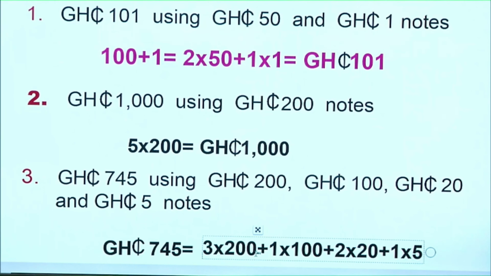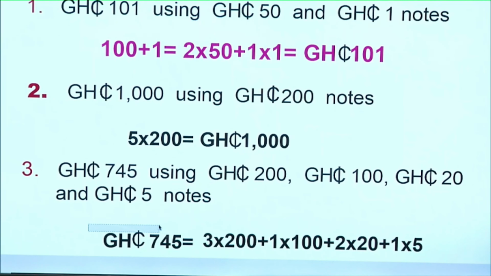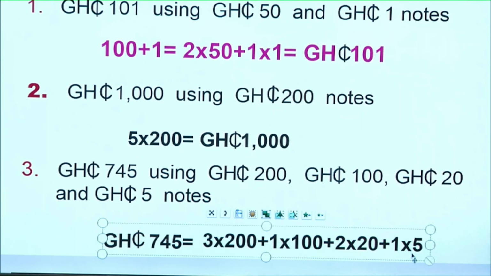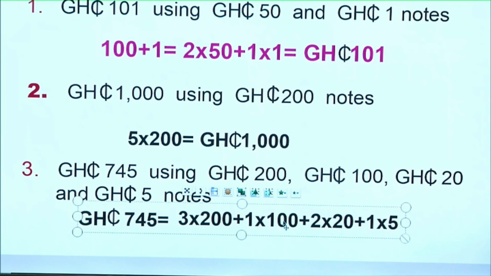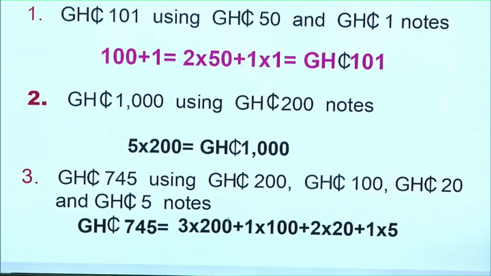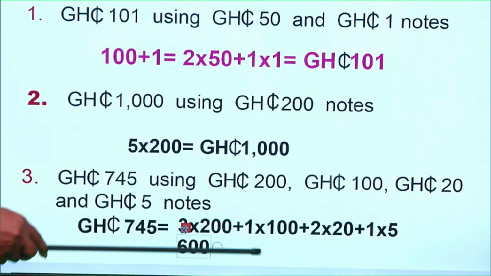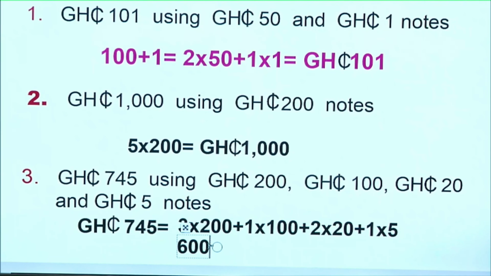Okay. Let's see. 3 times 200 will give us 600. Plus 1 times 100 will give us 100.